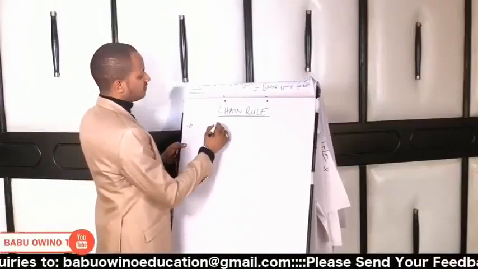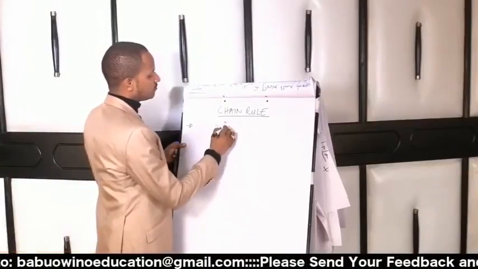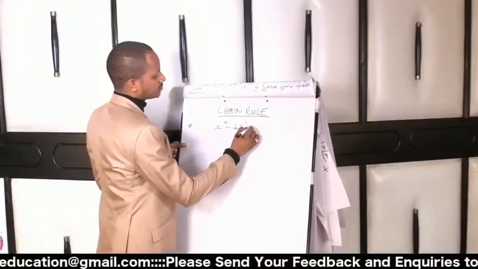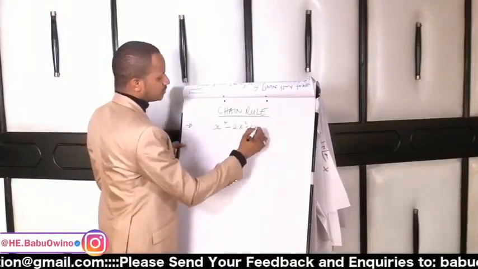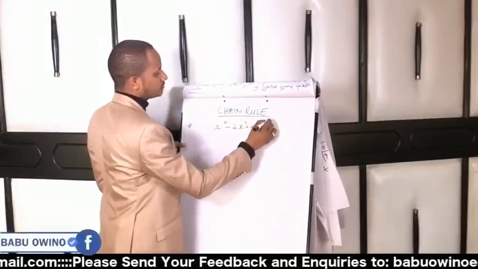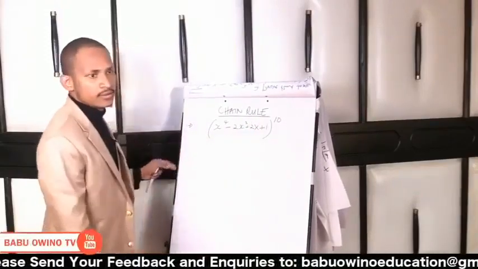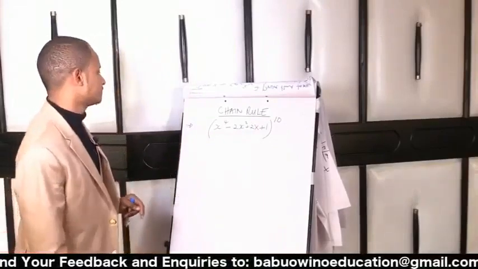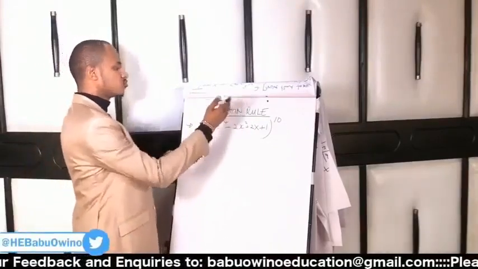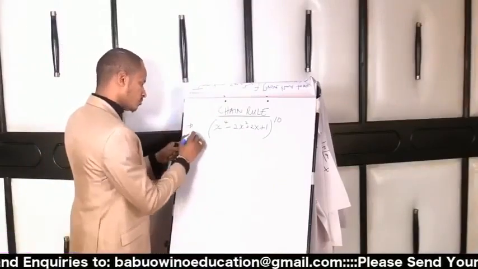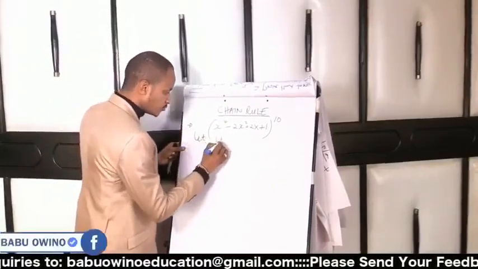Number one, if you are given a function of x raised to power 4 minus 2x squared plus 2x plus 1 raised to power 10, you are told to differentiate using chain rule. So using chain rule, the first thing you do, let u.